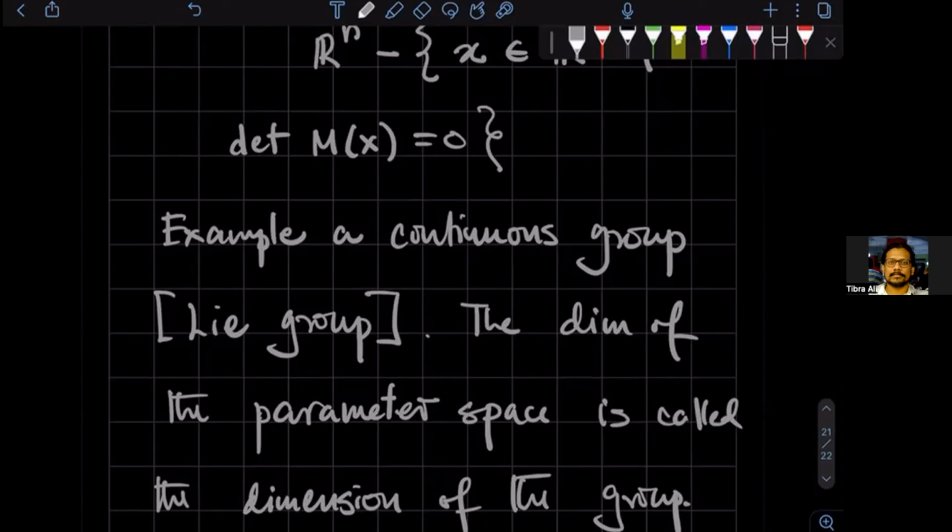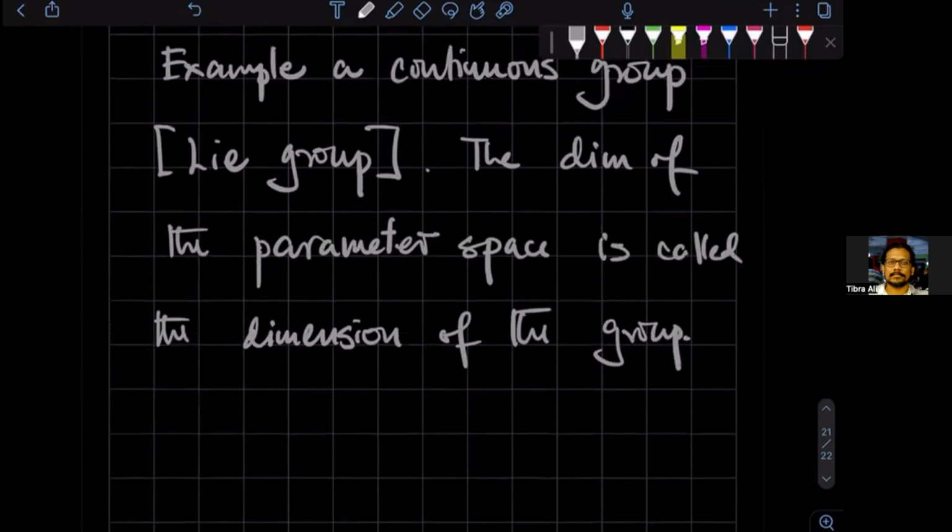For countably finite groups, the number of elements is what we call the order of the group. I'll introduce that concept more formally in the next class, but anyway.